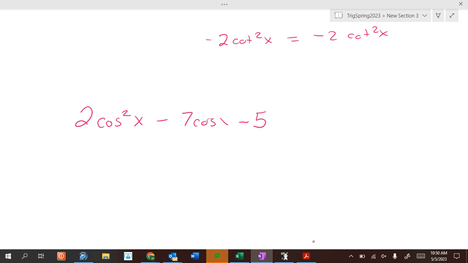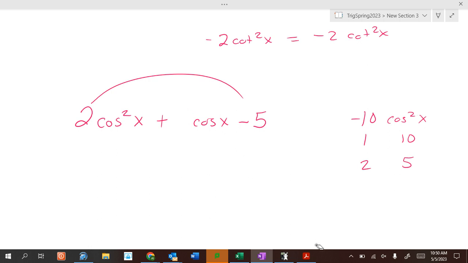Nothing. I didn't do anything yesterday. 2 cosine squared of x minus 7 cosine of x minus 5. AC method. So you get negative 10. Ooh, Mr. Bierschbach made a mistake. So let's go plus there. Negative 10 cosine squared of x. Okay? What are factors of negative 10? 2 and 5. 1 and 10. Did I screw that up?